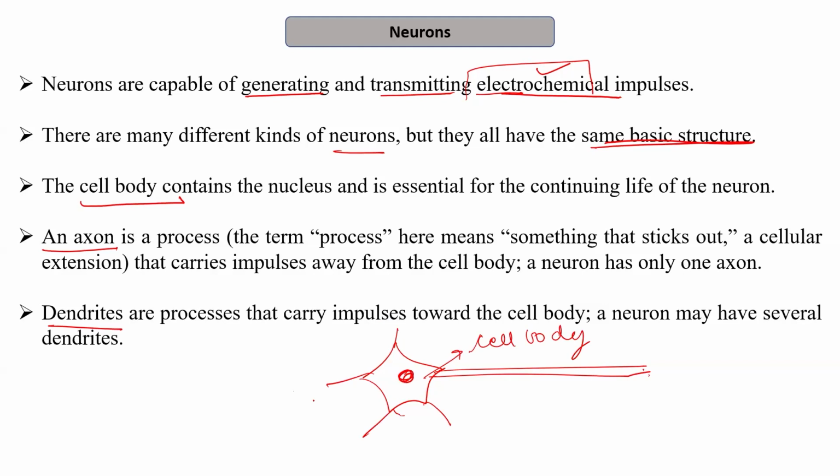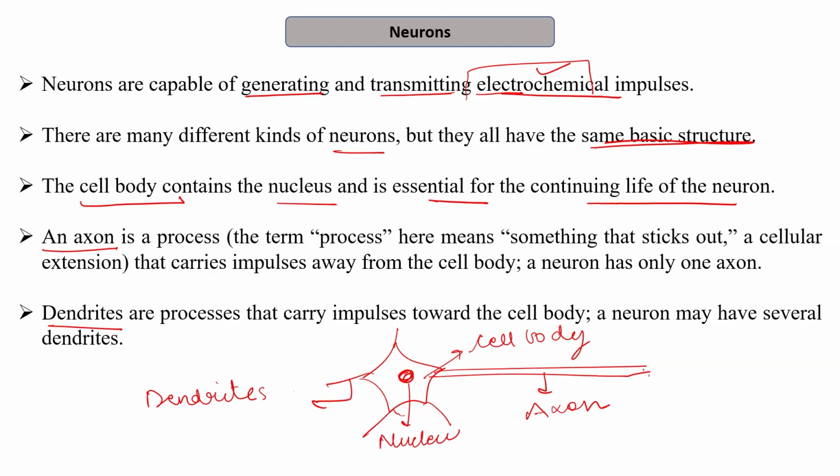These are the dendrites, which you can compare to plant branches, and this is the axon, which is the long part. The cell body contains the nucleus and is essential for continuing the life of the neuron. Most of the cytoplasm is concentrated within the cell body.